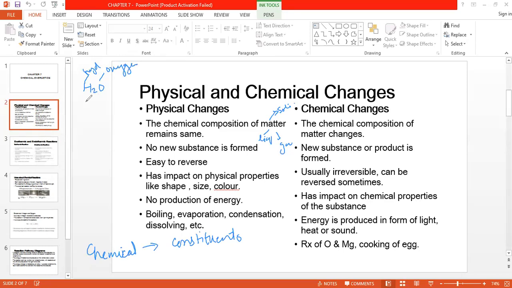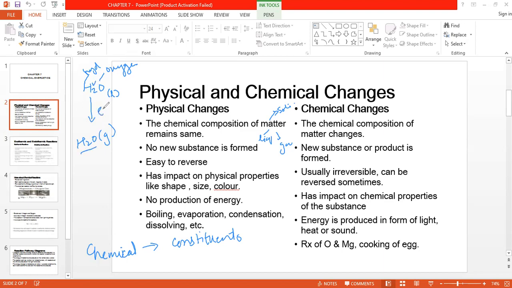In a physical change, the composition remains the same. Like if I see that liquid water is converted into water vapors, or its gaseous state, still you can see that hydrogen and oxygen remain consistent.